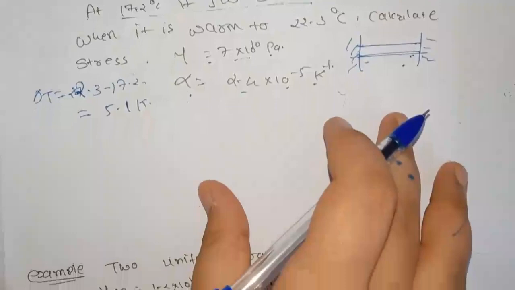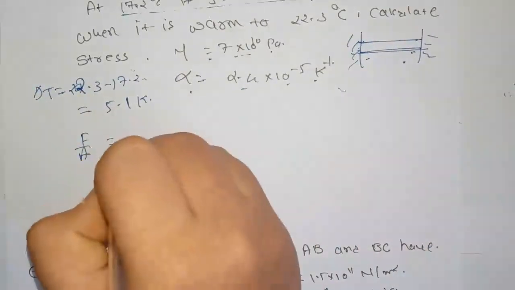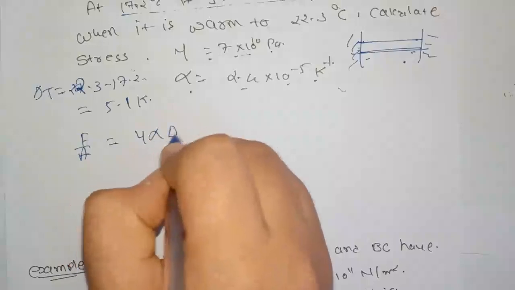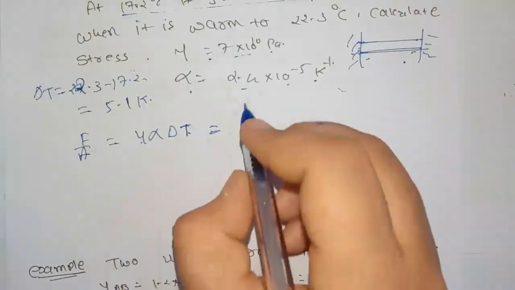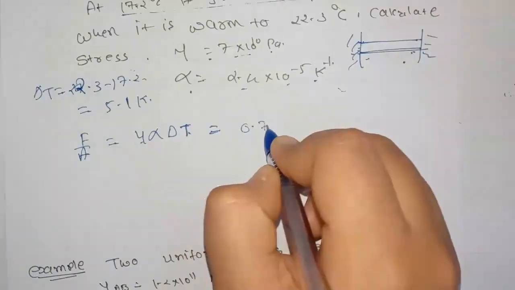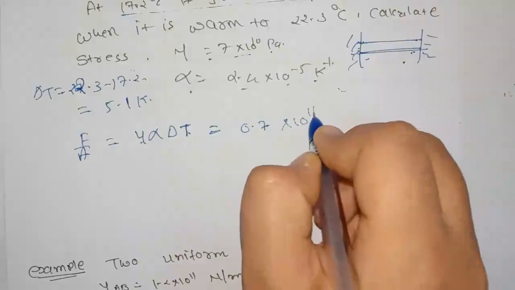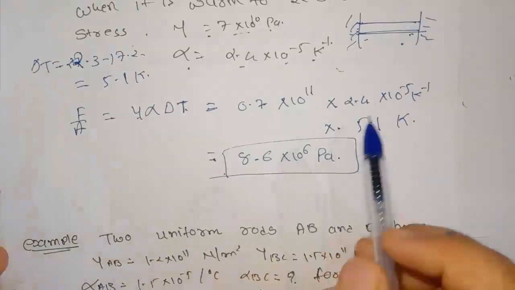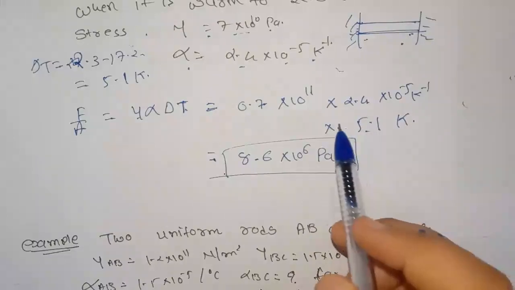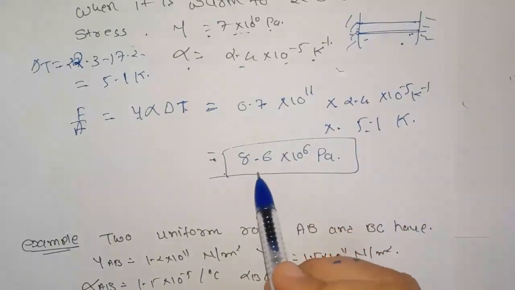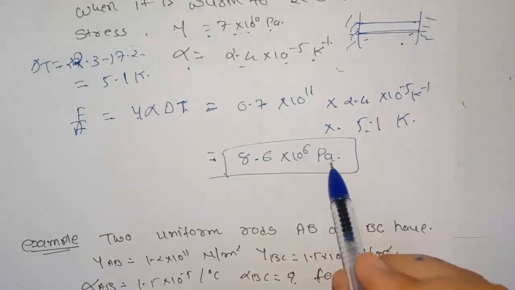The thermal stress F by A is given by Y alpha delta T. Y is 0.7 into 10 power 11 Pascal. The temperature change is 5.1 Kelvin. Simplify this, we will get the answer 8.6 into 10 power 6 Pascal.